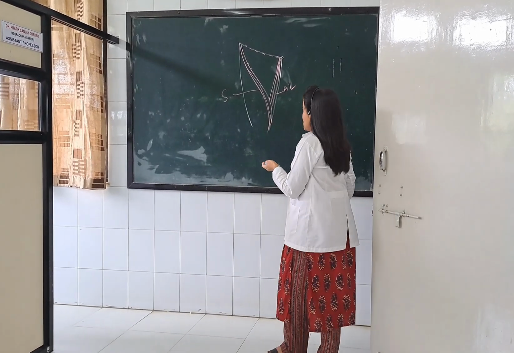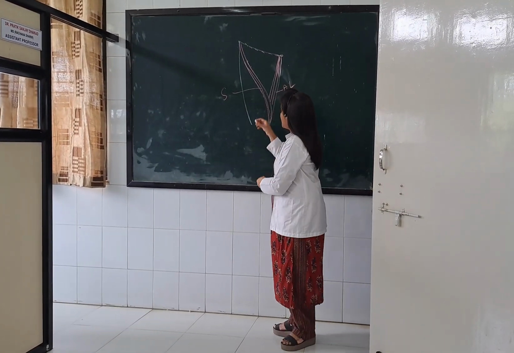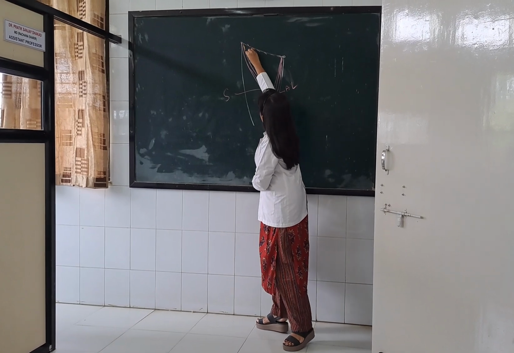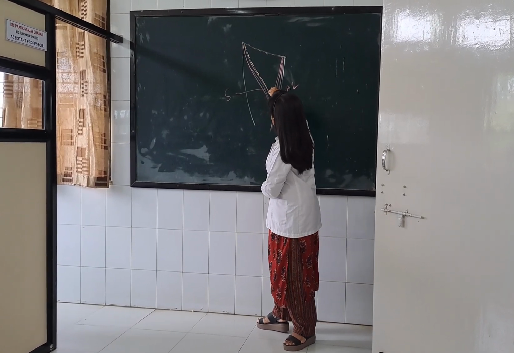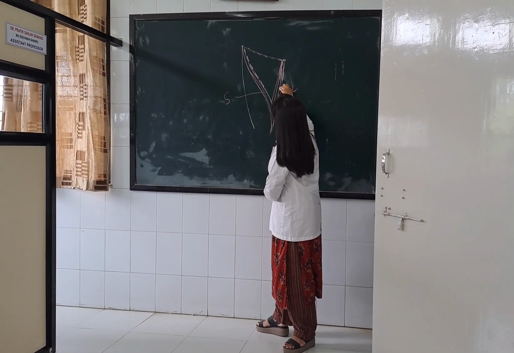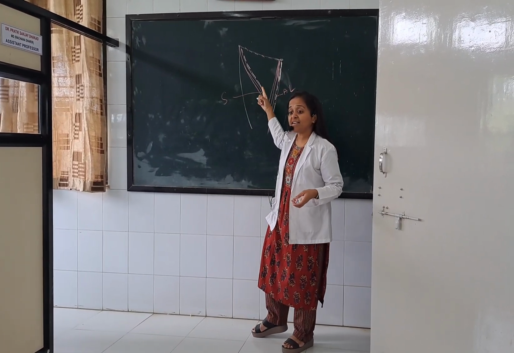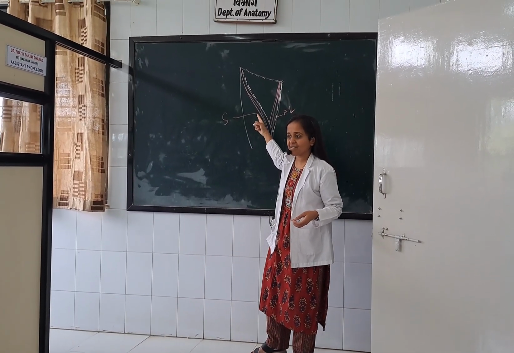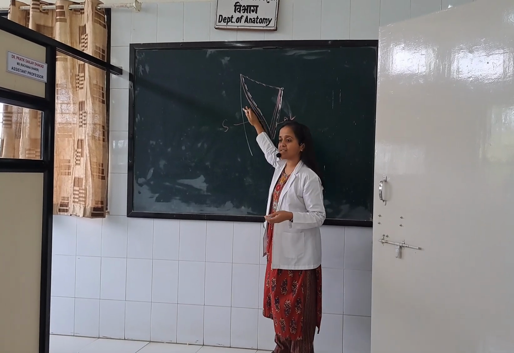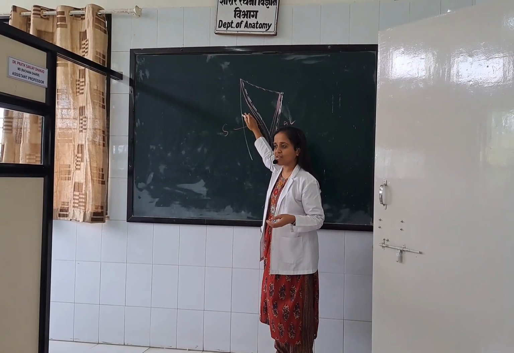But then one more thing is important here, now I will draw this triangle exactly. So it is like this. From this what we understand is the medial border of sartorius, right? This is the medial border, this is the lateral border of the sartorius, right?